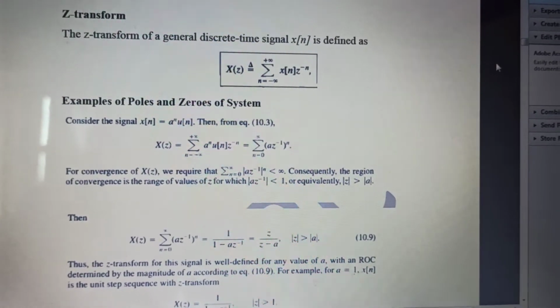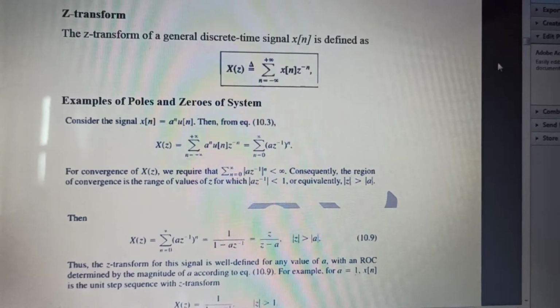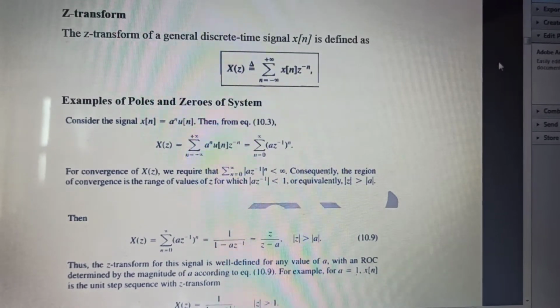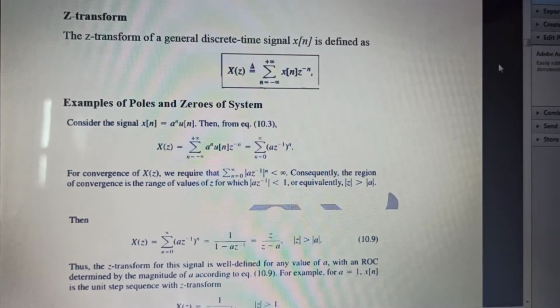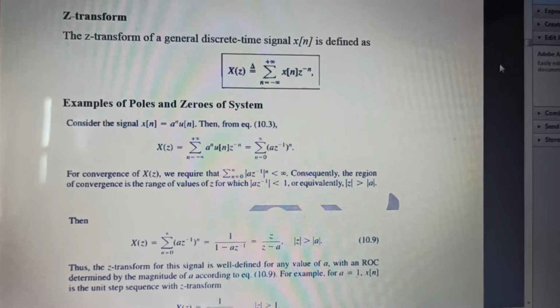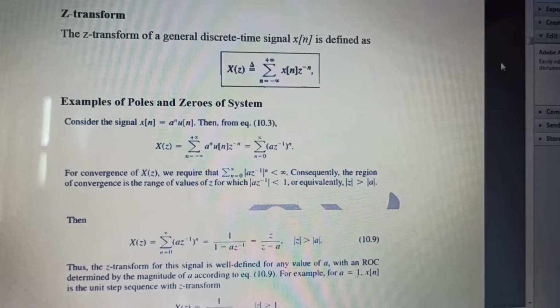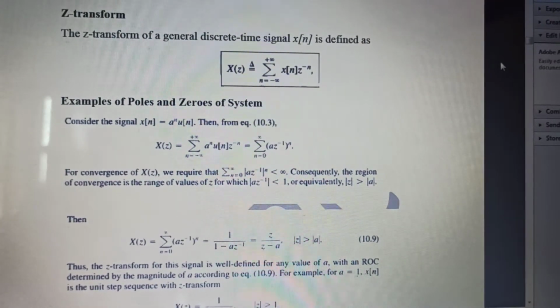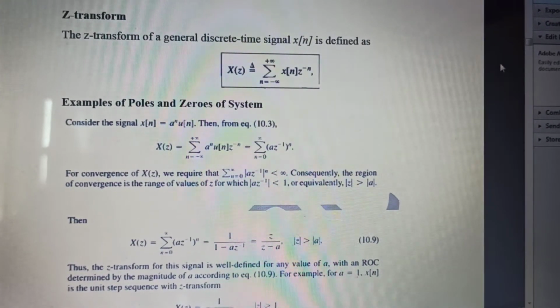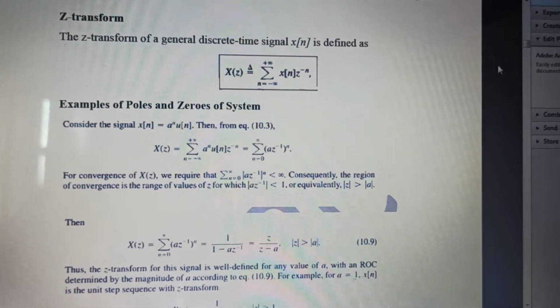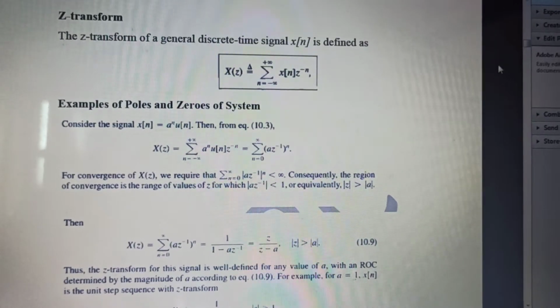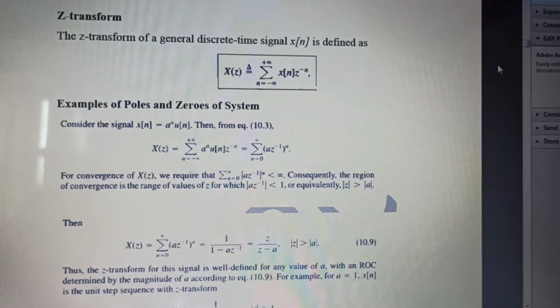We will simply do one thing. We will multiply e to the power minus j omega n by r. You will remember that in the DTFT it is f of n into e to the power minus j omega n, where e to the power minus j omega will form the total factor. What we will do today is simply multiply that factor by r so that z is formed.